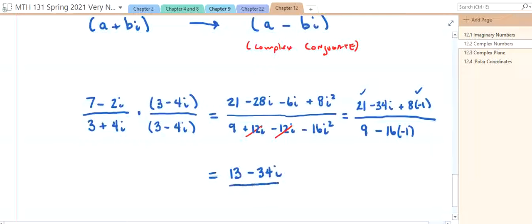And in the bottom, we have 9 minus 16 times minus 1, and so 9 plus 16 is 25. And that is our result. We could rewrite it, I suppose, as 13 over 25, minus 34 over 25 i. If we wanted to, we could write it like that. But either one of those is an acceptable solution.